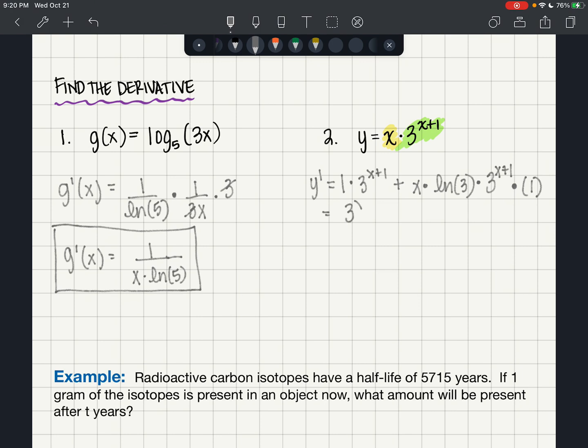And that's equal to 3 to the x plus 1 plus x natural log of 3 times 3 to the x plus 1. So both terms share a 3 to the x plus 1, so we'll factor that out, and that's going to leave us 1 plus x natural log of 3.